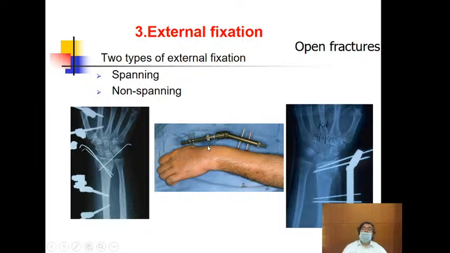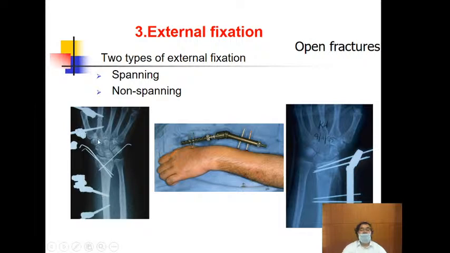Here the external fixator can be spanning or non-spanning. What do you mean by spanning? Spanning means you have a joint here. This is the radiocarpal joint, and intercarpal joints, carpometacarpal joints. If you put your external fixator pins beyond this wrist joint, the wrist joint is fractured, but you put the pins beyond this wrist joint, so this means this is a spanning external fixator.